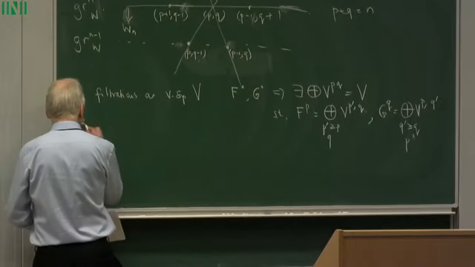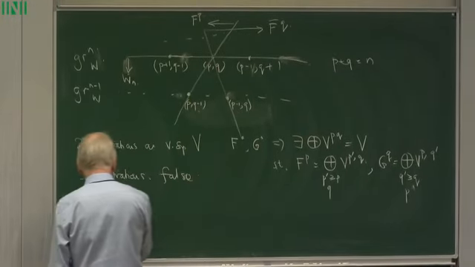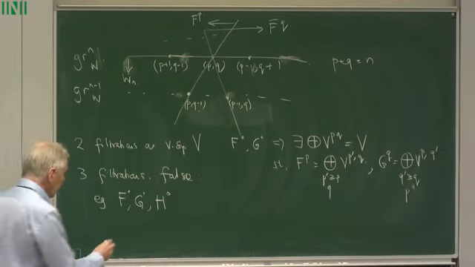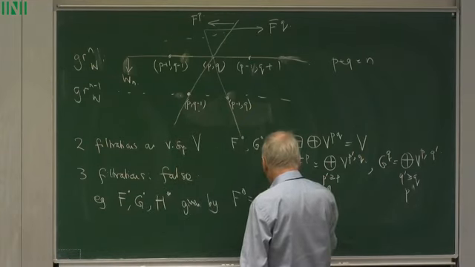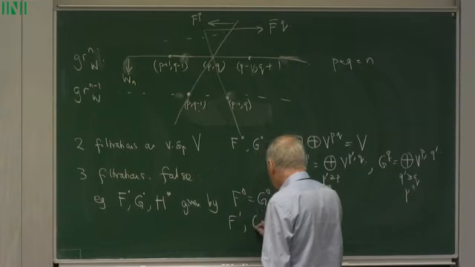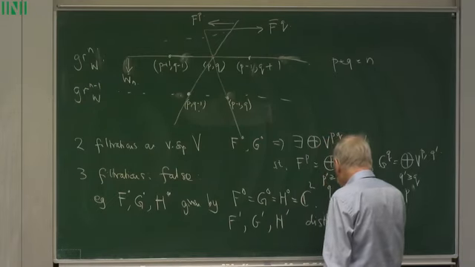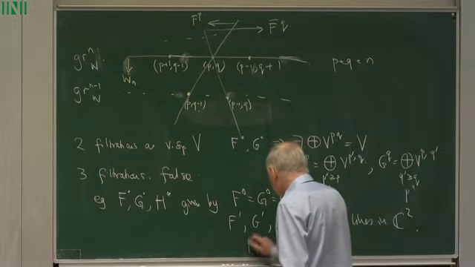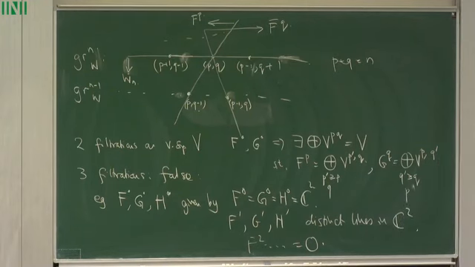On the other hand, if you have three filtrations, this is false. This is false because, for example, if you consider filtrations F, G, and H given by, say, F naught equals G naught equals H naught equals V, which let's say is C squared, and then F1, G1, H1 are just three different distinct lines in C2, and then the F2, etc., all 0, then you rapidly convince yourself that this is impossible, just because the dimension of the space is not divisible by 3.